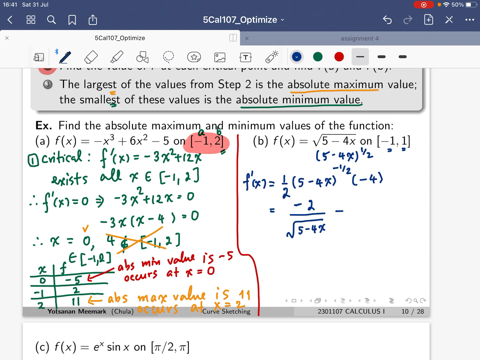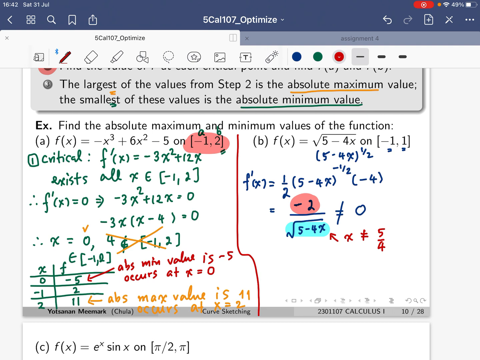So can it be 0? This one can never be 0, right? Because here is a fraction, and the one on the top is always fixed to be -2. So your derivative cannot be 0. However, the thing that you may need to keep in mind is that here is a denominator, so it means that your x cannot be 5/4.